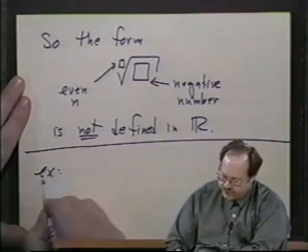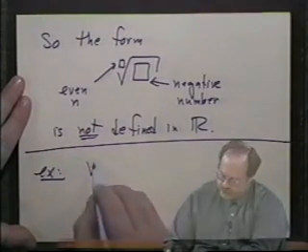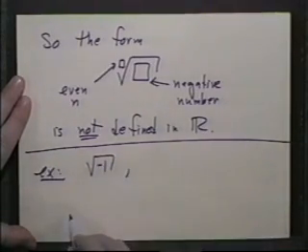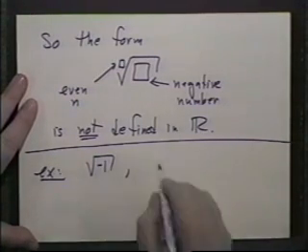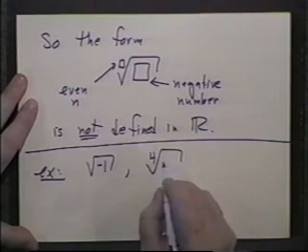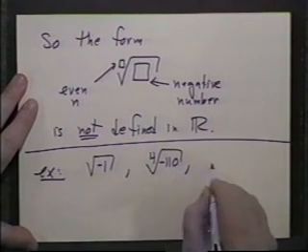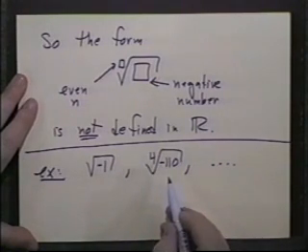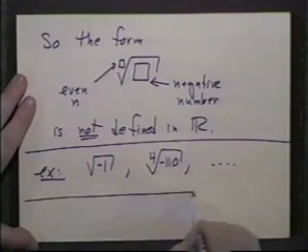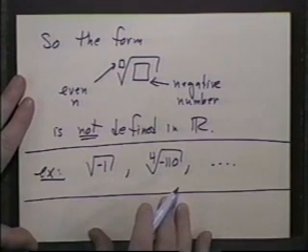So for example, you cannot take the square root of -1, which will turn out to be key for defining the set of complex numbers. You cannot take likewise the fourth root of -110, etc. Any negative number with an even root is not a real number. So if we get that out of our system, we're fine.